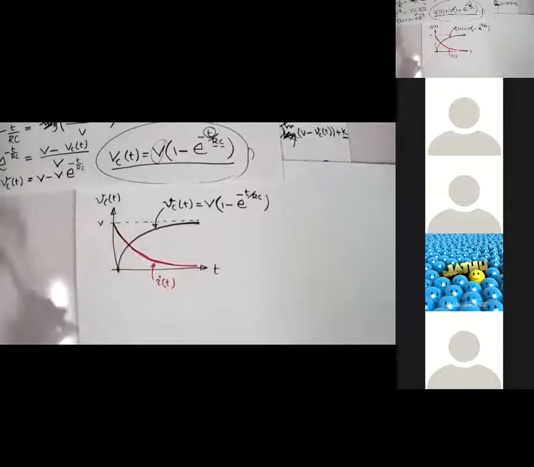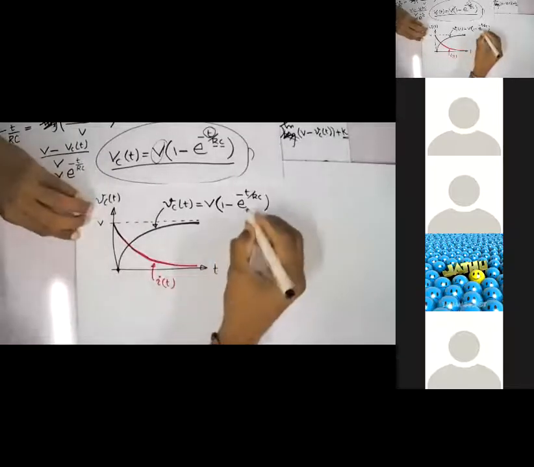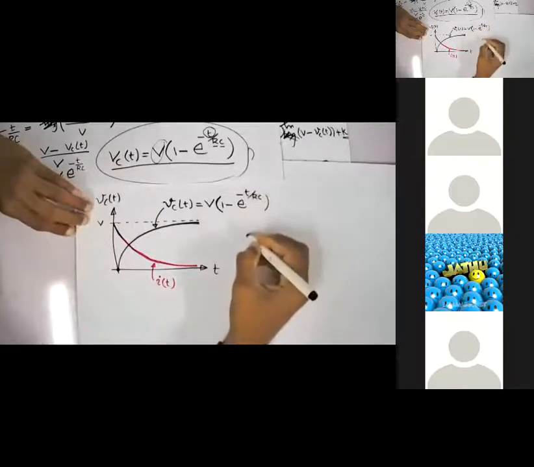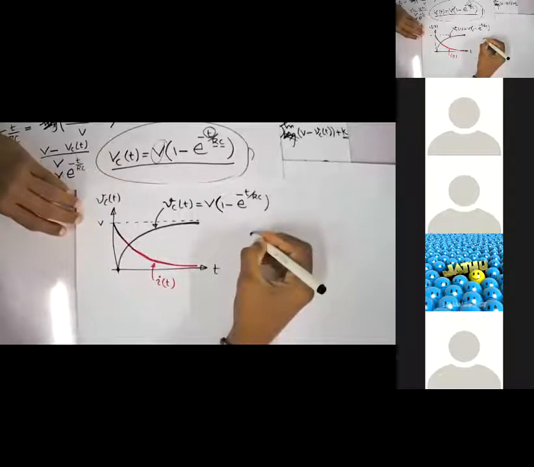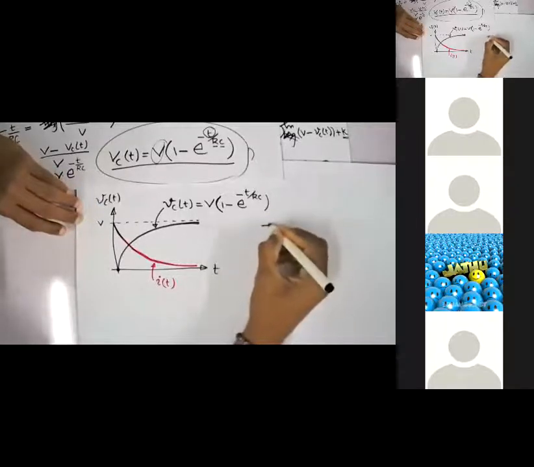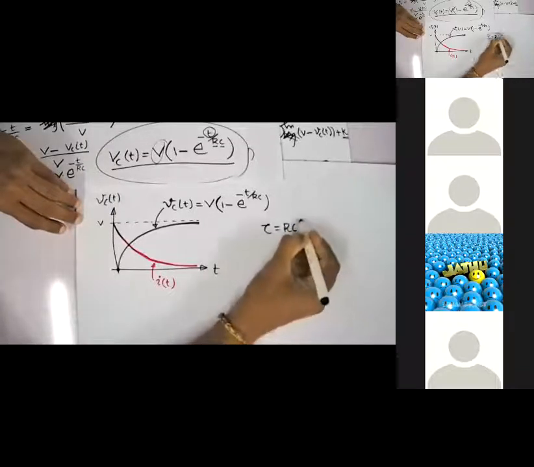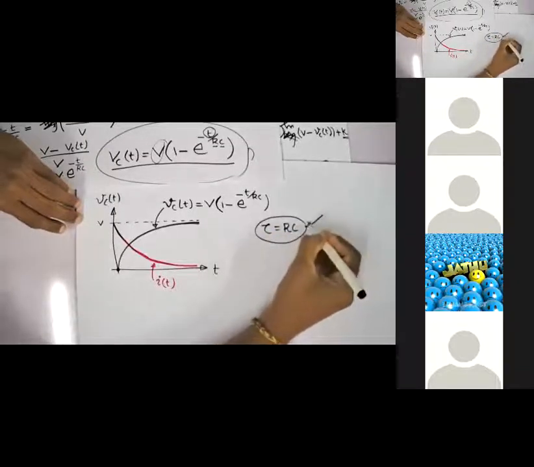Now consider a value we call the time constant. We have a variable called tau, where tau equals RC. This is called the time constant.